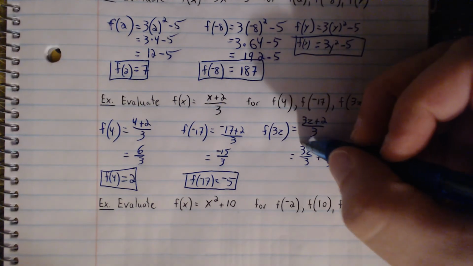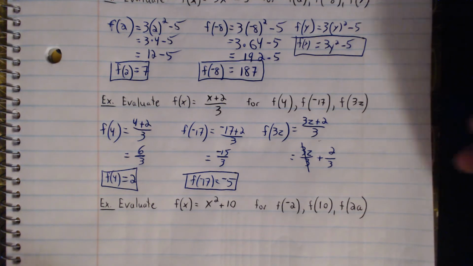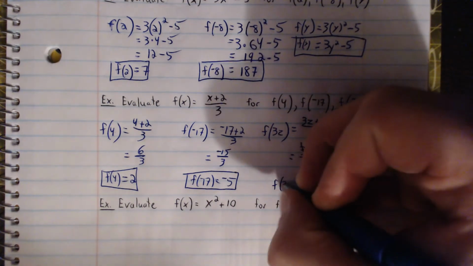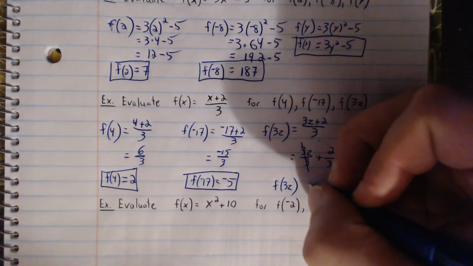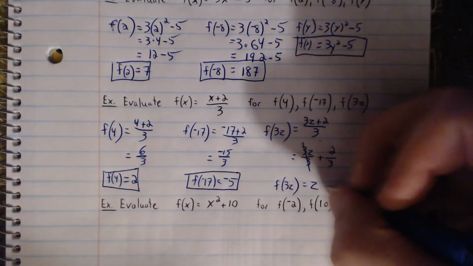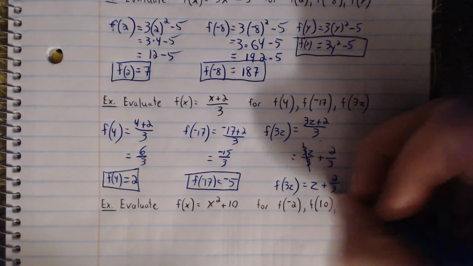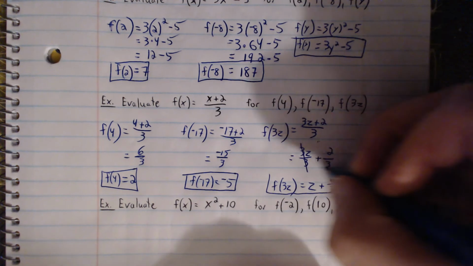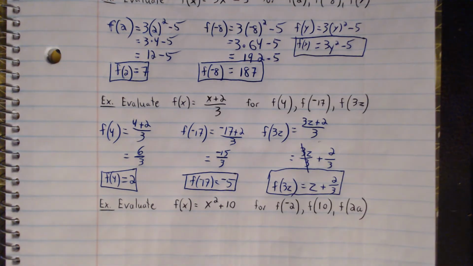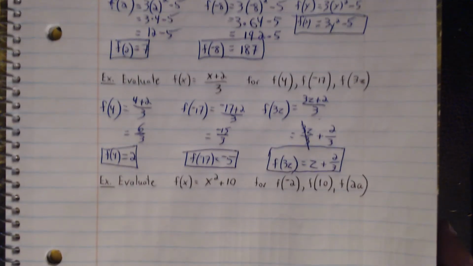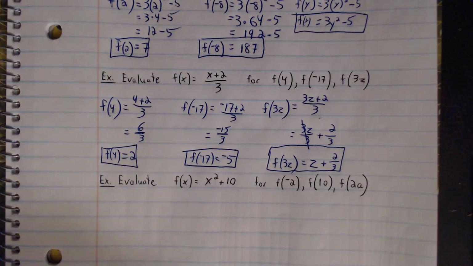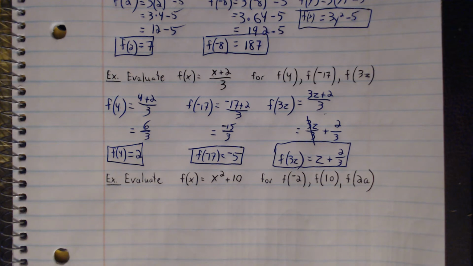I hopefully notice my 3's will eliminate. So f evaluated at 3z, we're going to get z plus 2/3. So there's one more problem for you to try out right here. Pause this video, test it out, see what you get for those 3 values.